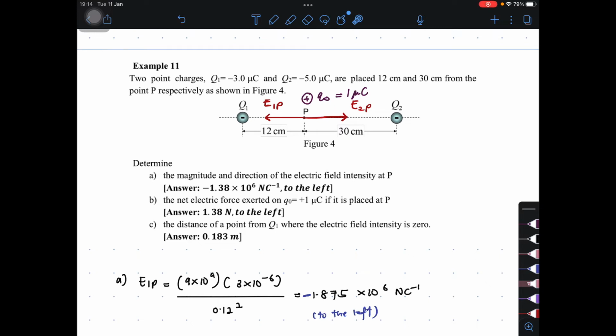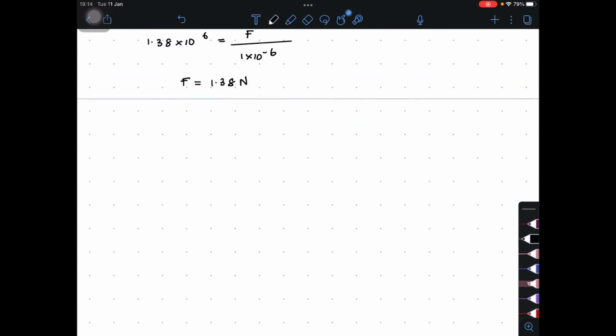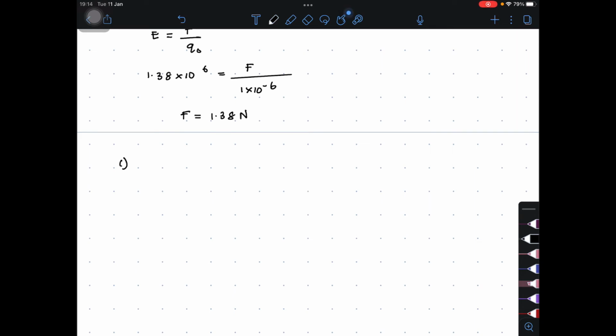Okay, and last one. We need to find the distance of a point from Q1 where the electric field intensity is 0. So let's draw this one again here. We have a negative charge, and at the other end is also a negative charge.